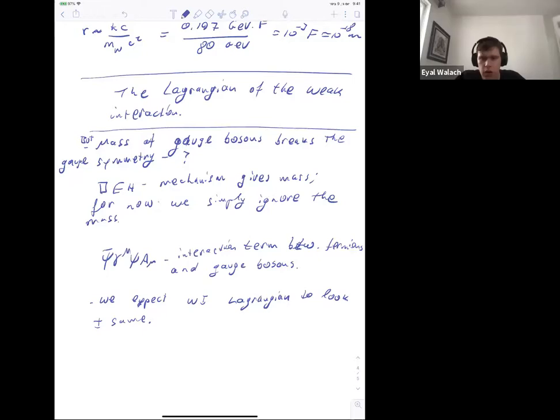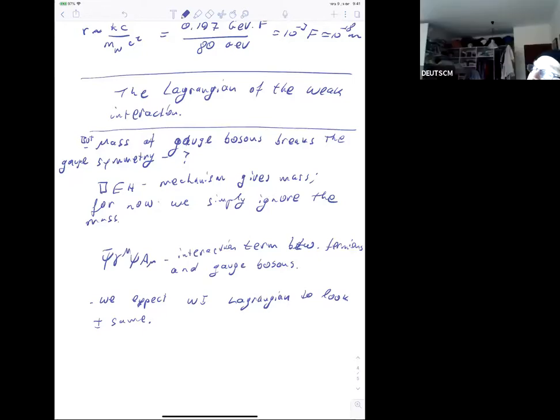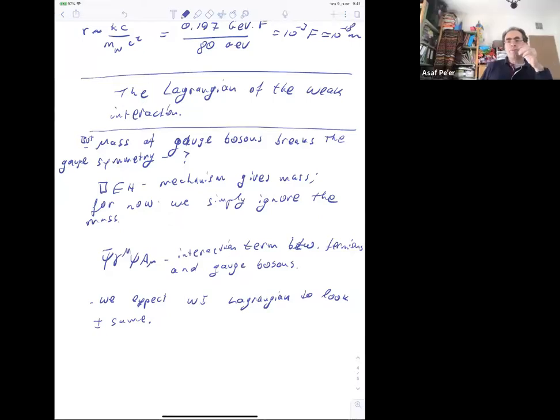We need to recall the left-handed helicity modes of particles. This term does not discriminate between left-handed and right-handed particles, right? But we know that the charged current interaction does discriminate, right? The neutrinos do not interact. Only the left-handed neutrinos interact.